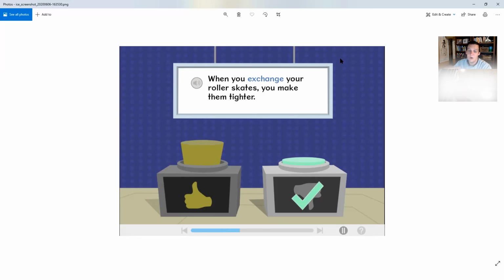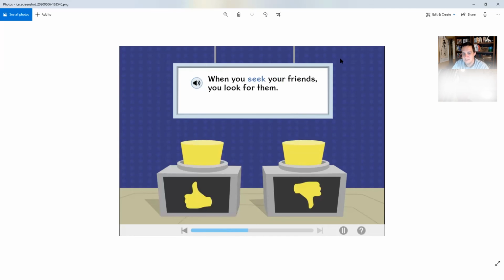So in this case, you don't want them to be tighter. You want them to be better, or you can exchange the roller skates for your shoes. Some skating places, if you want to use their roller skates, you have to give them your shoes. You give them your shoes, they give you the roller skates. Then when you finish skating, you give them the roller skates, they give you your shoes.